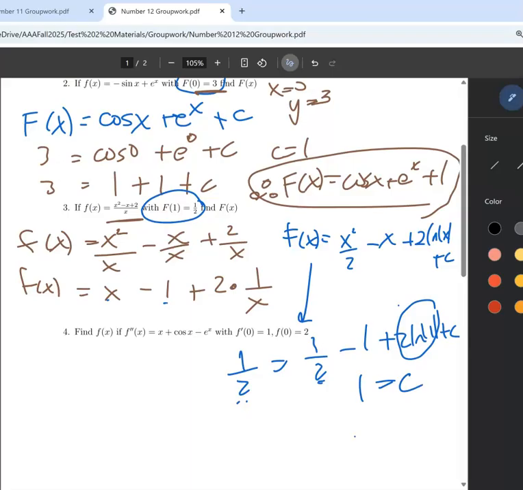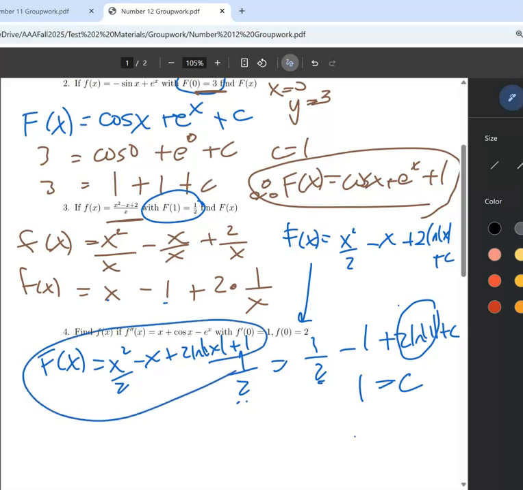I get 1 equals c. So be careful. That's not the answer. The answer is capital F of x is x squared over 2 minus x plus 2 ln of absolute value of x plus a 1. That's the answer. So putting the c back into your antiderivative.